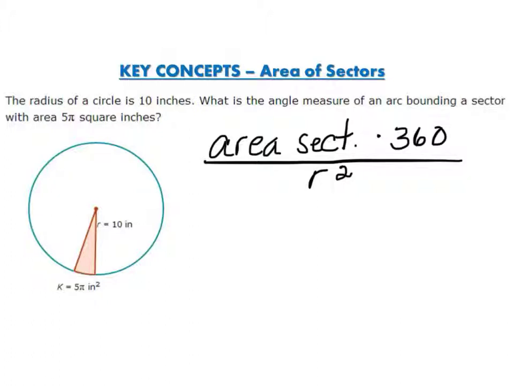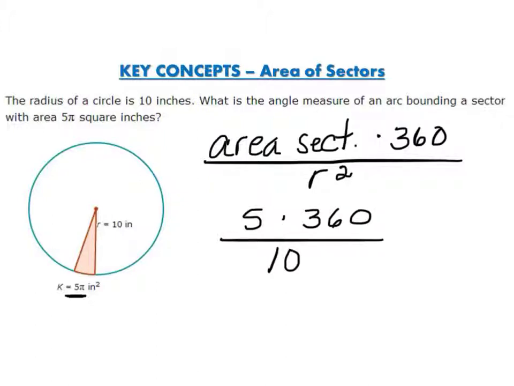So in this case, the area of the sector is 5. So I'm going to take 5 times 360 and divide it by 10 squared, or 100.